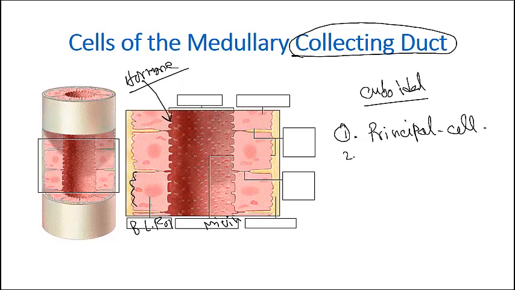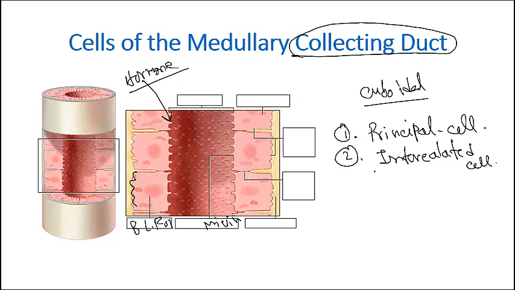Now, the second type of cells are known as intercalated cells. When the body acidity increases, these intercalated cells secrete hydrogen ions into the urine to restore the acid-base balance of the body.